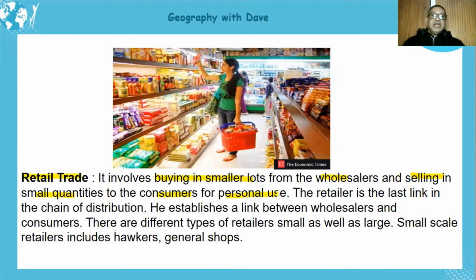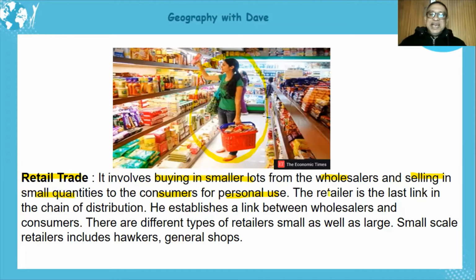Like a supermarket. They buy from the wholesalers, and then they sell it to the person who came shopping for her family. Her family eats quite a lot in that basket. I wish I was part of her family. So that's what happens here for personal use.